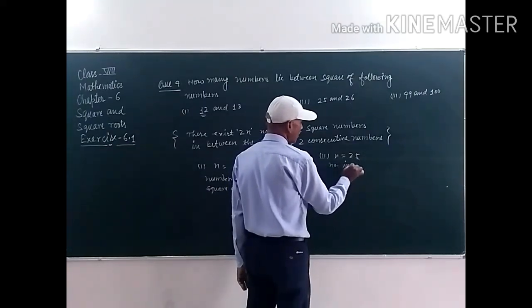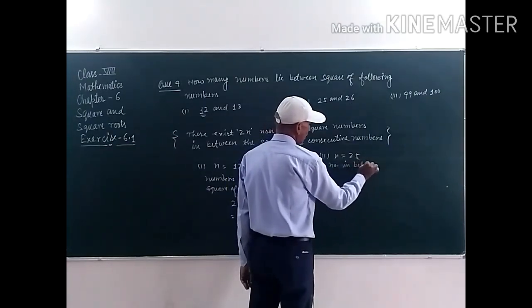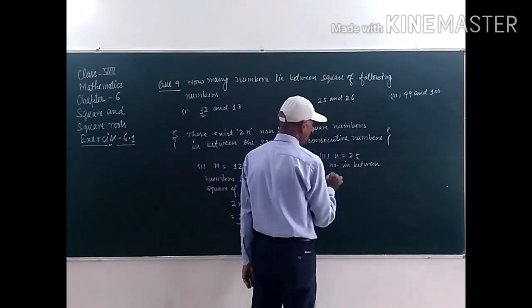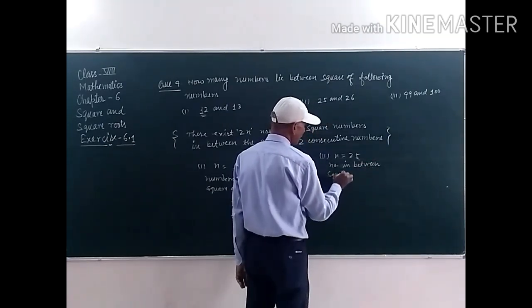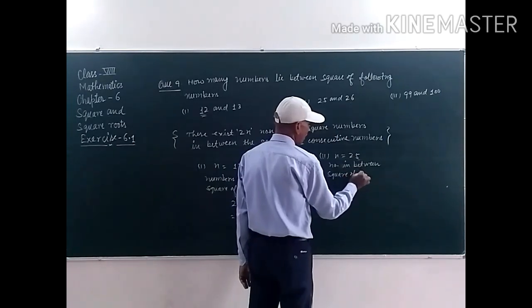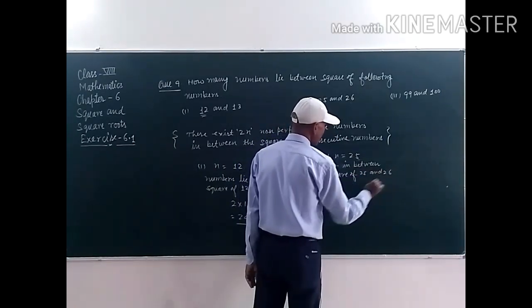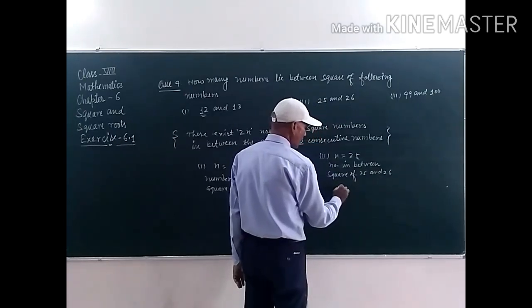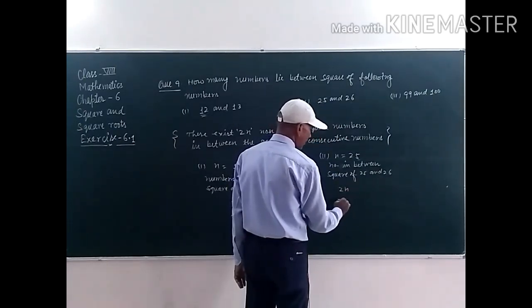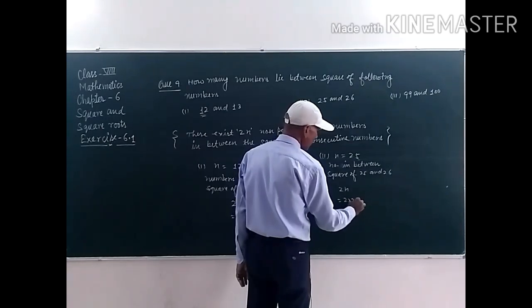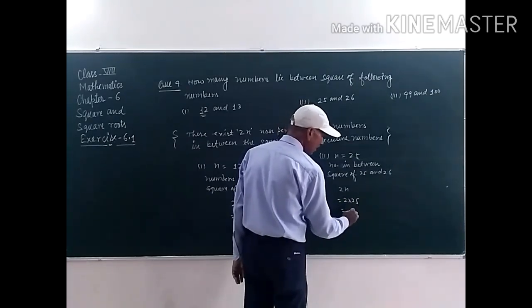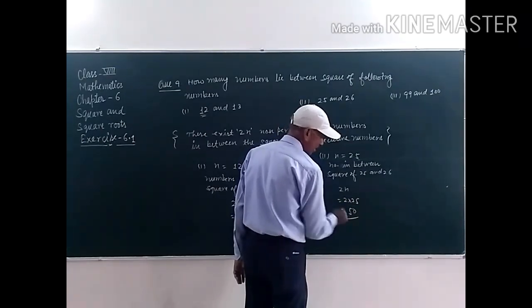So the numbers in between the squares of 25 and 26 will be 2n, that is 2 into 25, which will be 50 numbers, student.